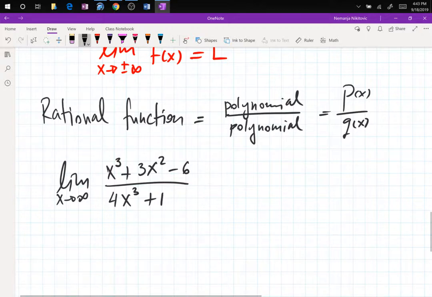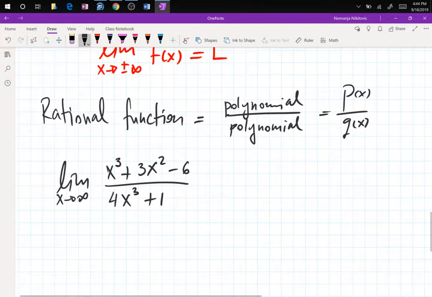So what do we do? There is a very simple thing that works for all problems, whether you can factor or not. And that is, pick the highest exponent of the problem, in this case x cubed, and divide every single term by it.